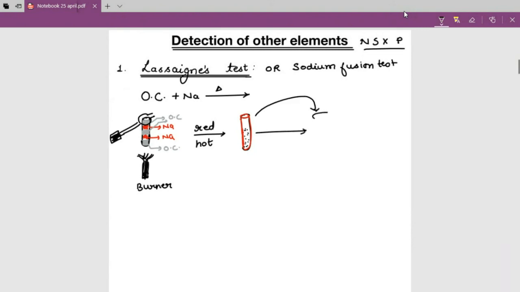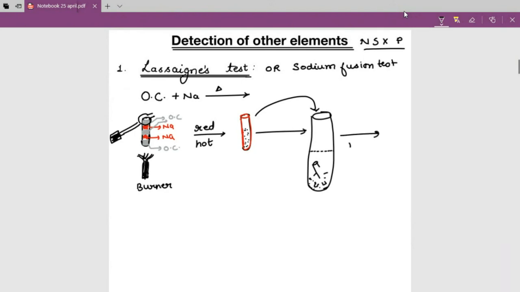Then we immediately put it into a large test tube which is having almost 1/3 level or half level of water. We introduce this red tube inside, but as you put this red tube inside, it will break into pieces, and everything will go inside.